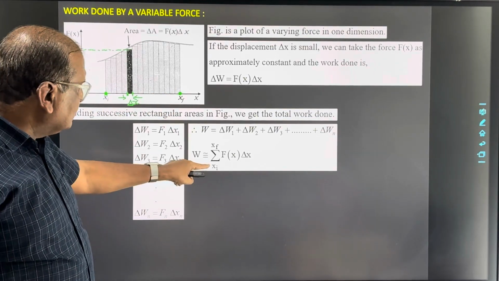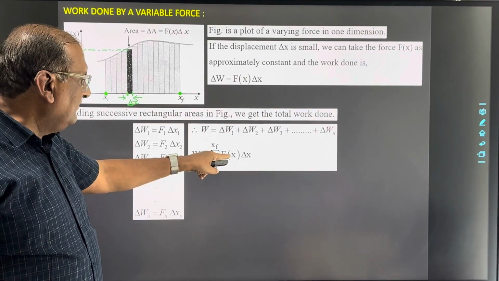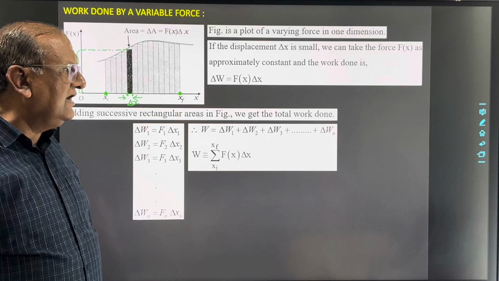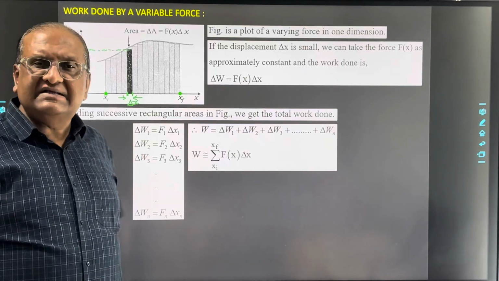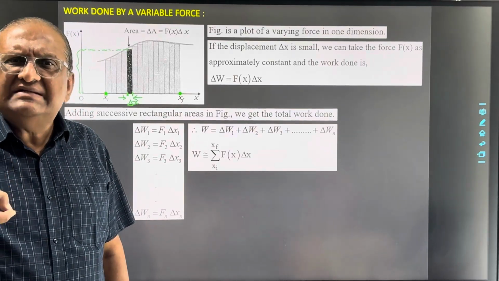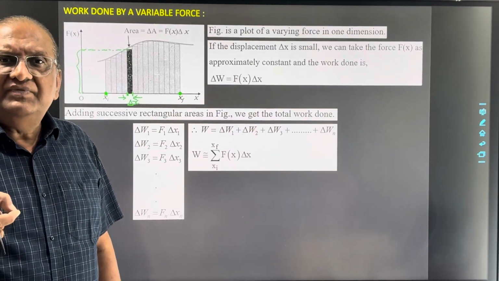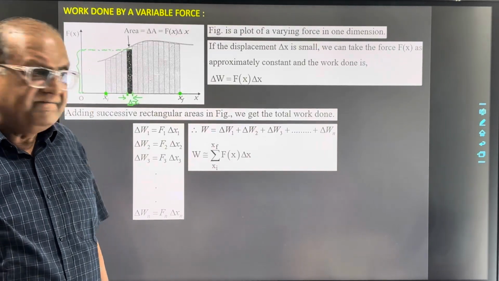Okay, this is the lower limit, this is the upper limit. So that is F, which is a function of x. So F(x) into delta x, right? But here if we take this delta x infinitesimally small, means tends to 0, the limit tends to 0. In the concept of differentiation we discussed this thing, right?